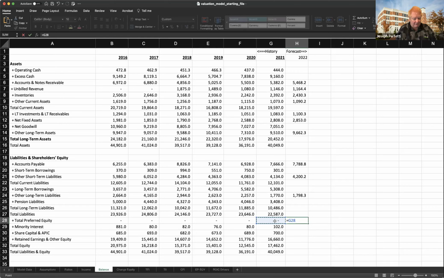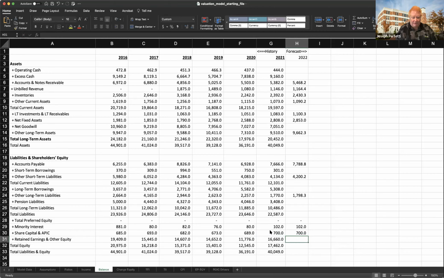They don't issue new ones. They don't repay old ones. The same is true with the minority interest stakes. Whatever minority interest stake they have exists, so equals G29. They don't increase it or decrease it. Same thing with share capital. They don't issue or repurchase shares of stock. So share capital and APIC, which stands for additional paid-in capital, equals the previous year, G30.